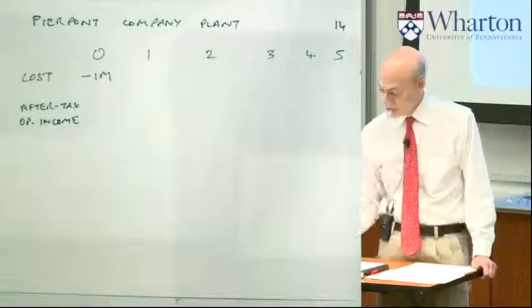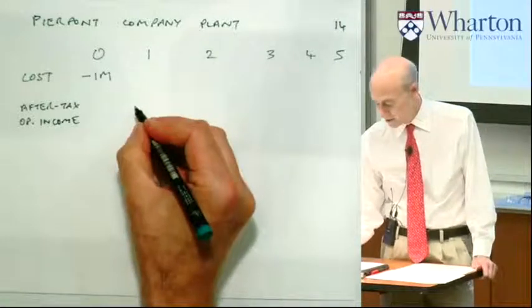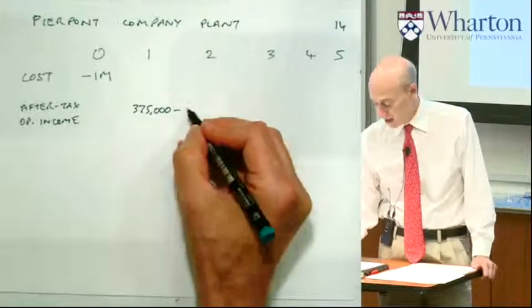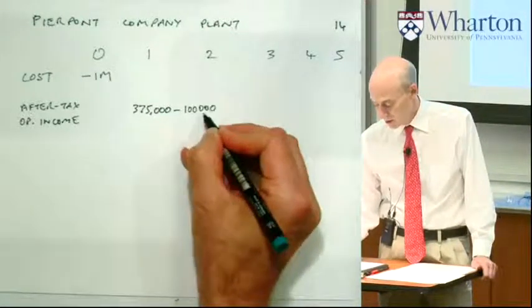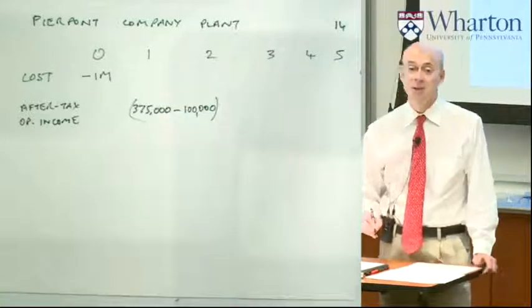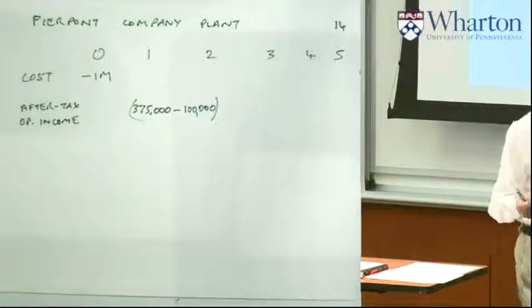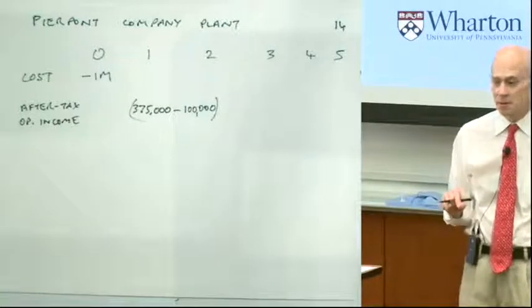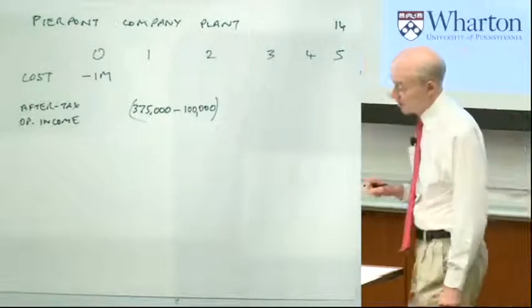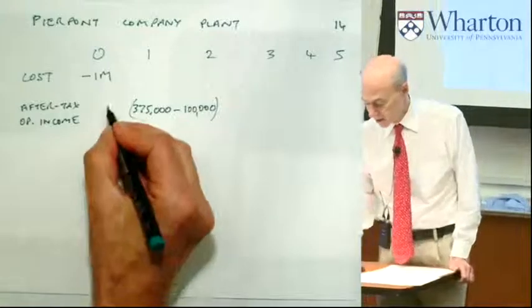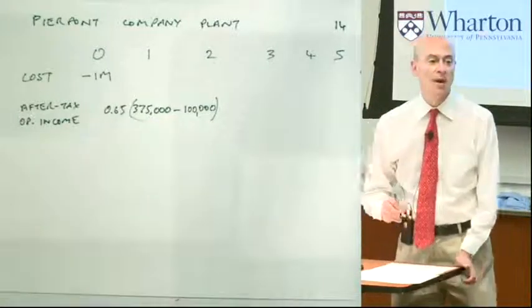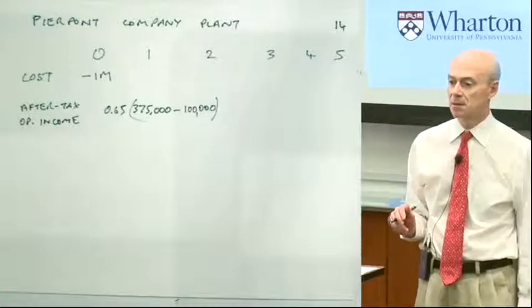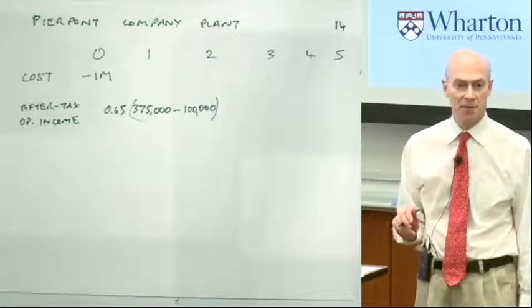Well, that's going to be the $375,000 minus the $100,000 in costs. And then what am I going to multiply that by to get after tax? 1 minus tax, which here is 0.65. What date do I get that first?